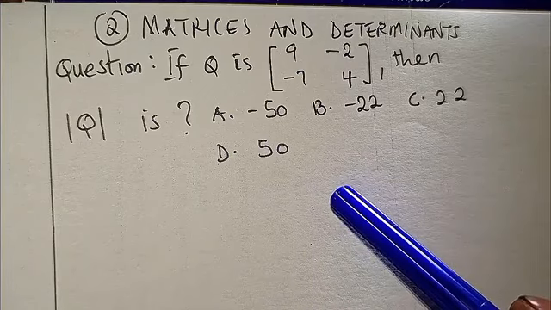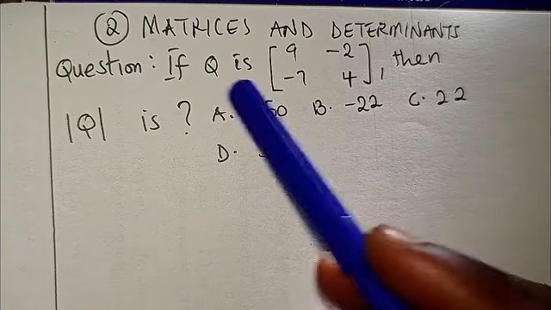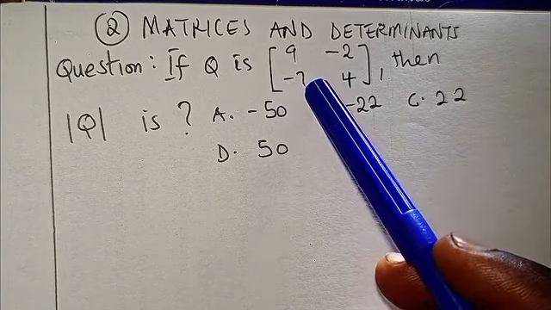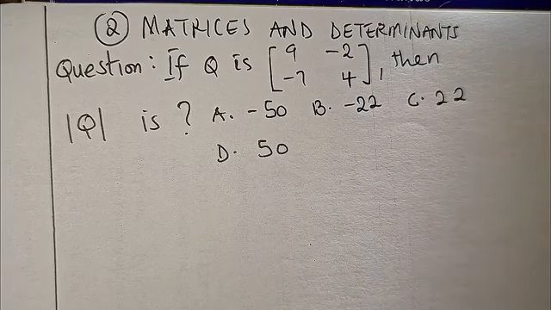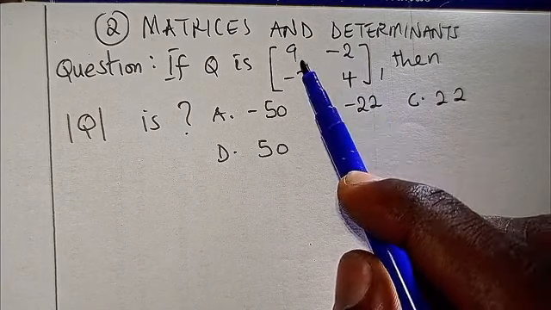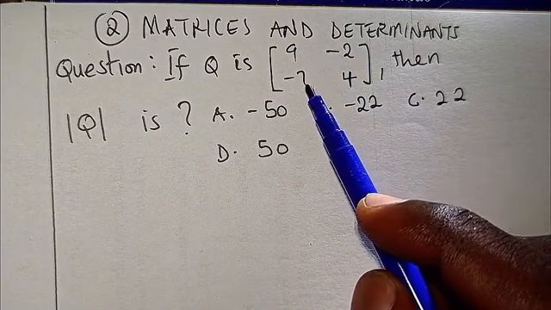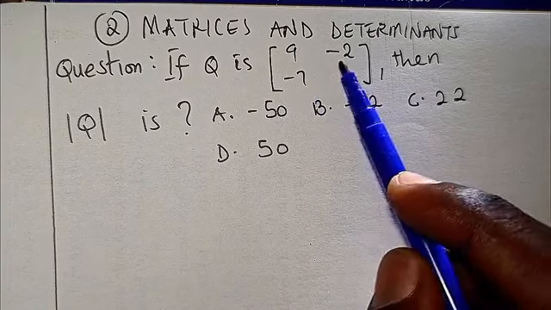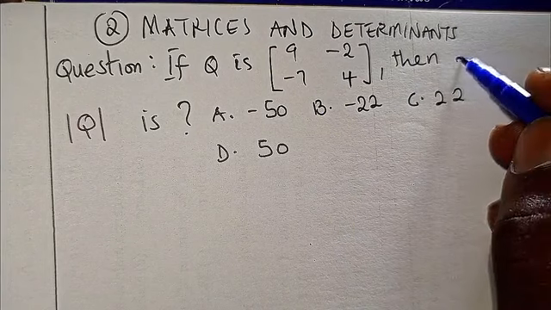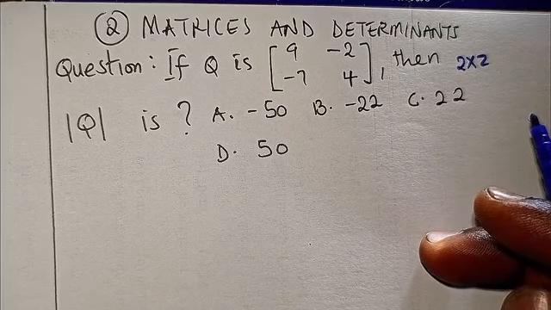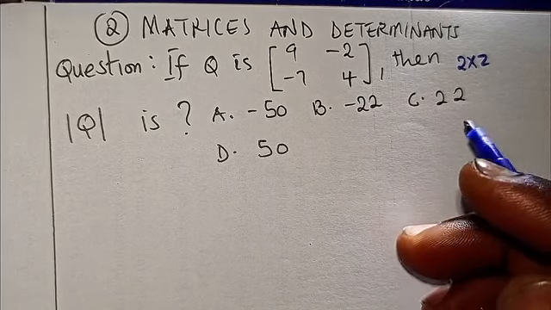Matrices and determinants. The question said if Q is this matrix, you can see this is 9 and 2, that is a row, minus 7 and 4, that's another row. So this is a 2 by 2 matrix, that is, the order of this matrix is 2 by 2 because it has 2 rows and 2 columns.